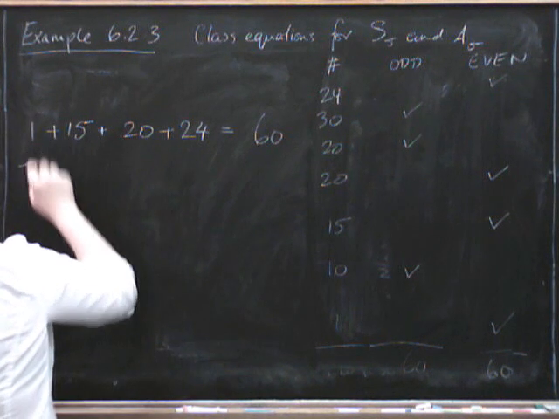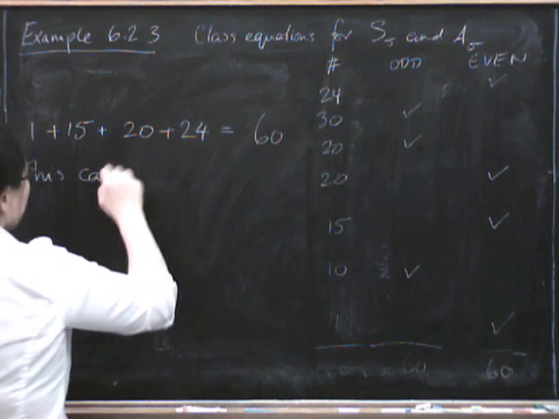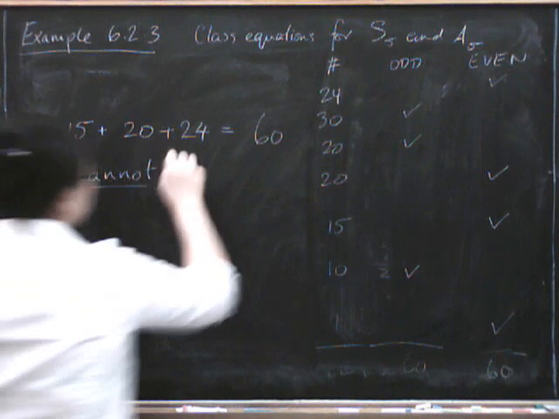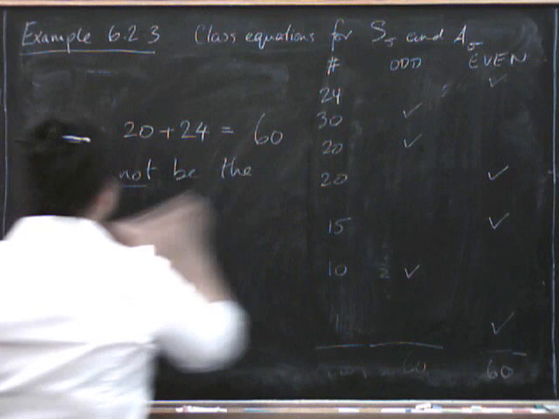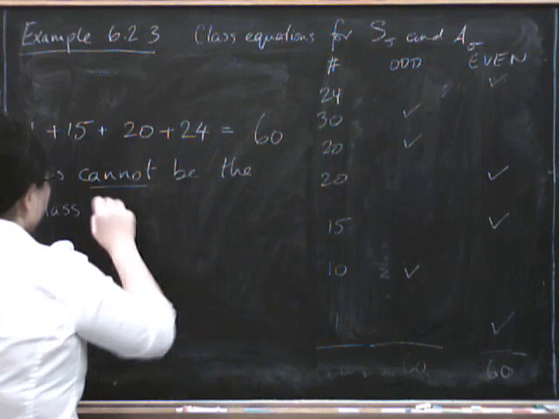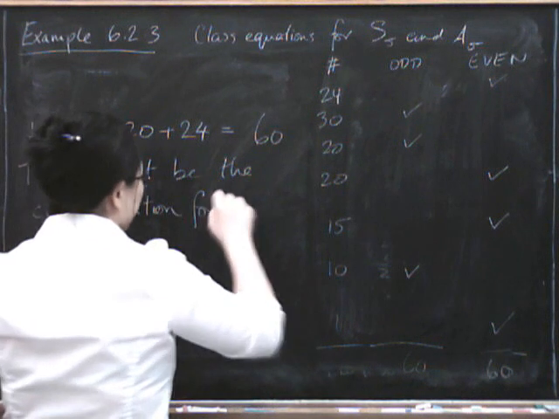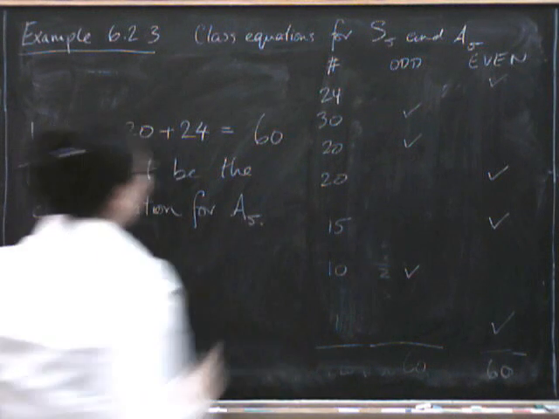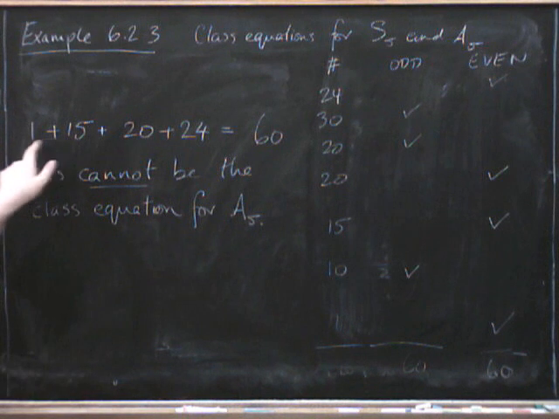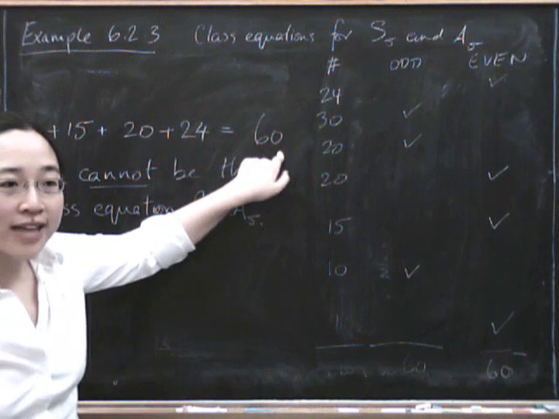This cannot be the class equation for A5. Why not? Because look, these numbers don't all divide 60.